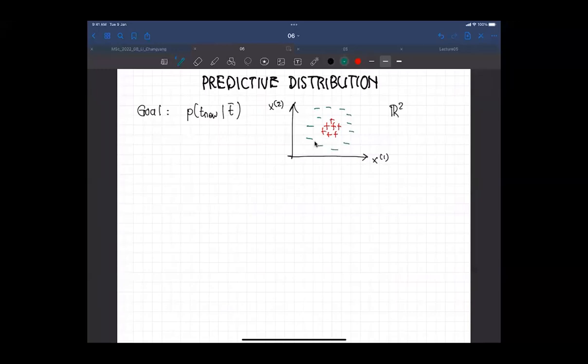So what does it mean by P of t-star given t? Where is t-star? By the way, t-star here is already testing. So testing and training are merged now.